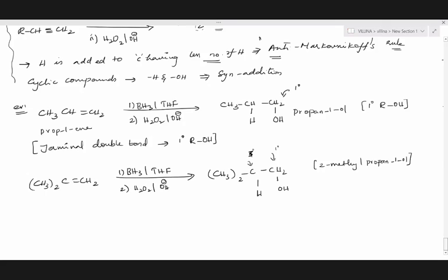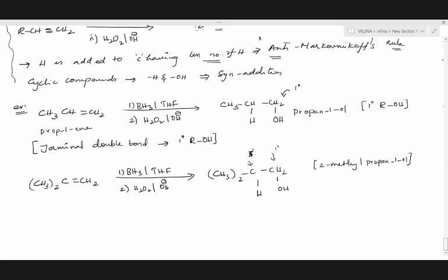So the net reaction is addition of H and OH to the carbon carbon double bond. Yes or no? Initially we had a carbon carbon double bond between 1 and 2.